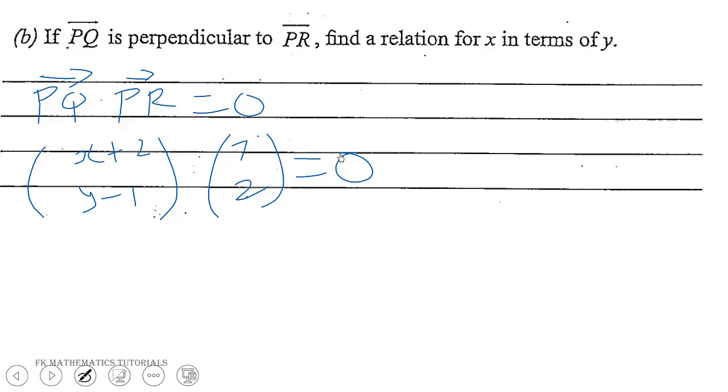It's a dot product, so it's not a vector. It's equal to 0, so it's not the 0 vector, it's just scalar 0. So dot product.